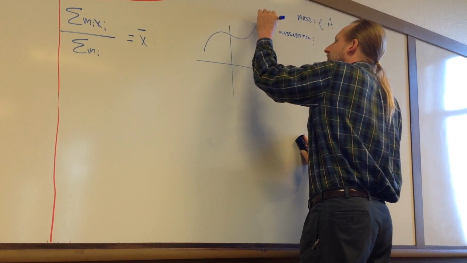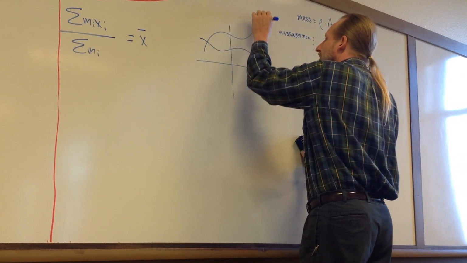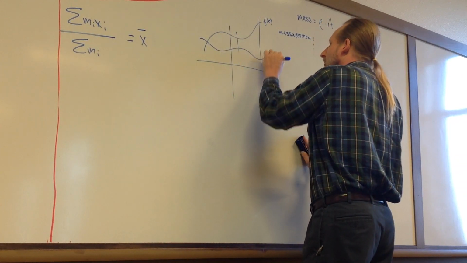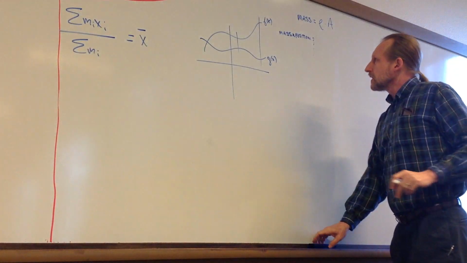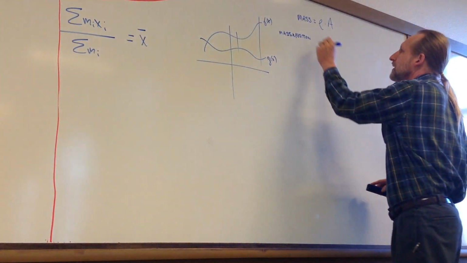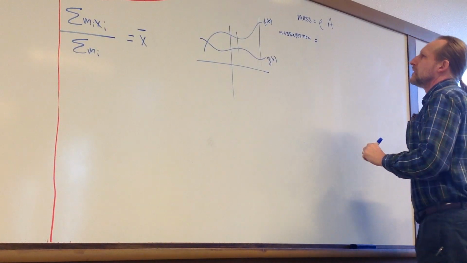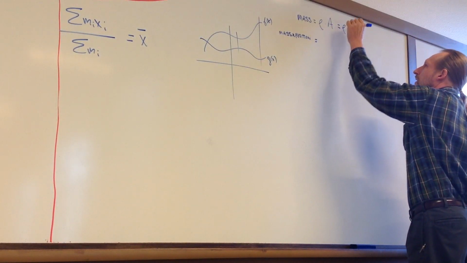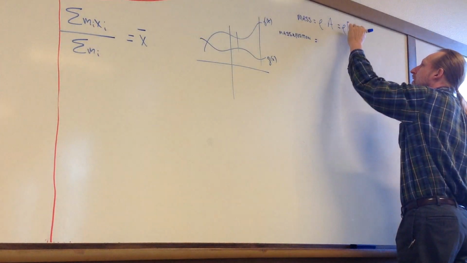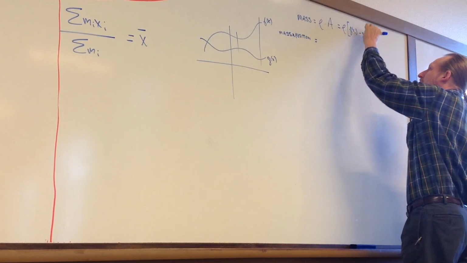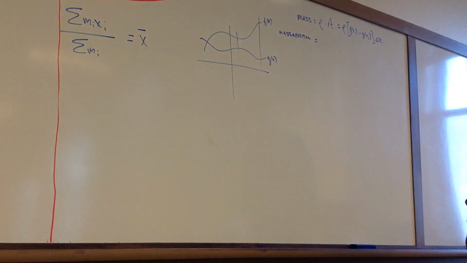We're going to have an f function, and then we're going to have a g function. The mass we're still going to consider to be the density times the area, but in this case, the height for those rectangles is going to be f of x sub i minus g of x sub i, and then the width will be delta x.